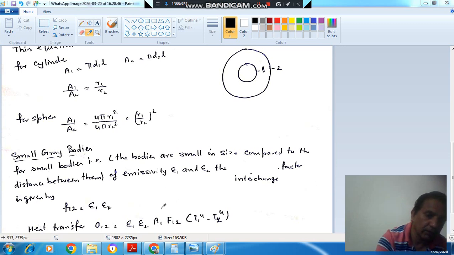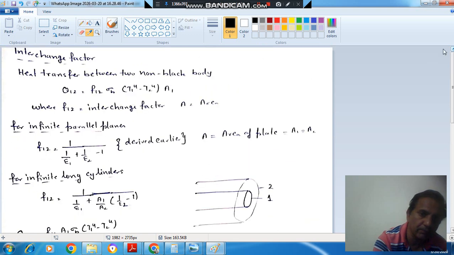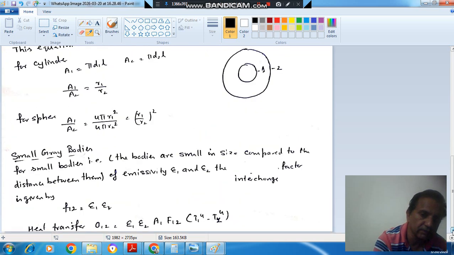Okay. Here we have used F12 because the shape factor in this case may not be unity, but in all these cases, whether it is concentric spheres, all the radiation going out from 1 is going to 2, that is F12 is 1, and here also F12 is 1, and for infinite parallel planes F12 is 1. Okay, so we need not write F12 in these cases.